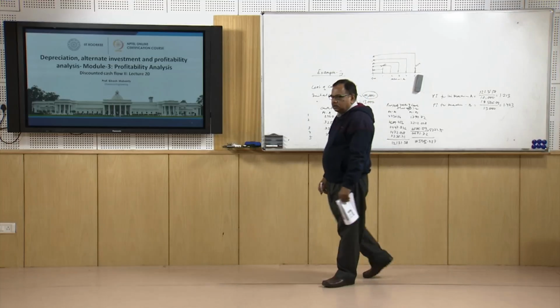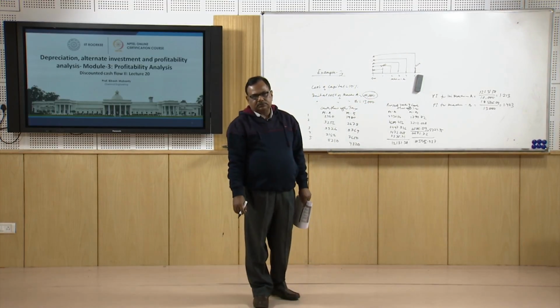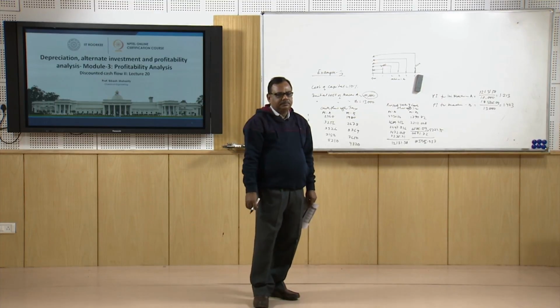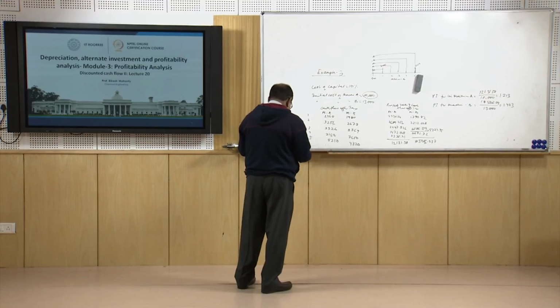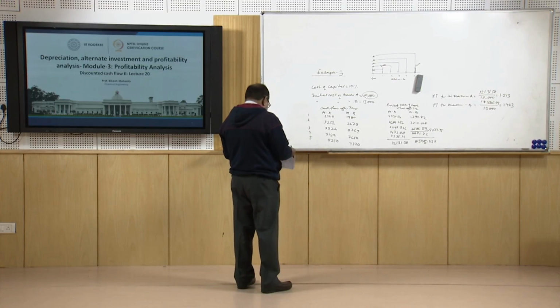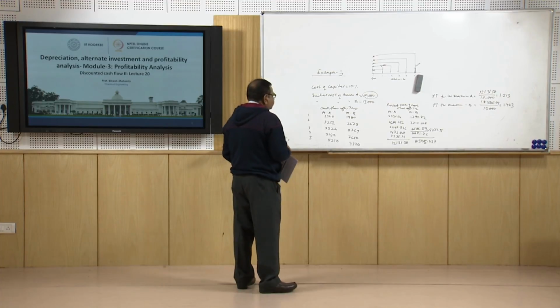As PI of the machine A and B both are greater than 1, both machines can be selected, or we can take the B machine if you want more profit.